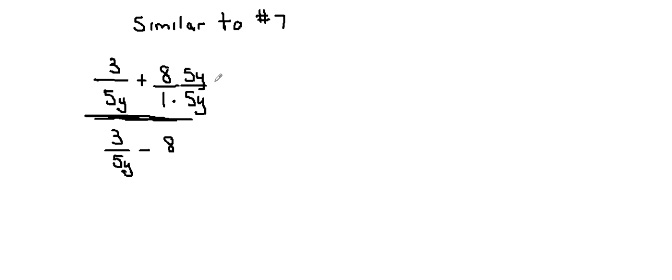So now I know the denominators are both 5y, so I'm just going to bring that over here, and it's 5y. Then I can put together my numerators: this is going to be 3, that stays the same, plus 8 times 5y, because that's what we're doing to the top. So 8 times 5y is 40y.